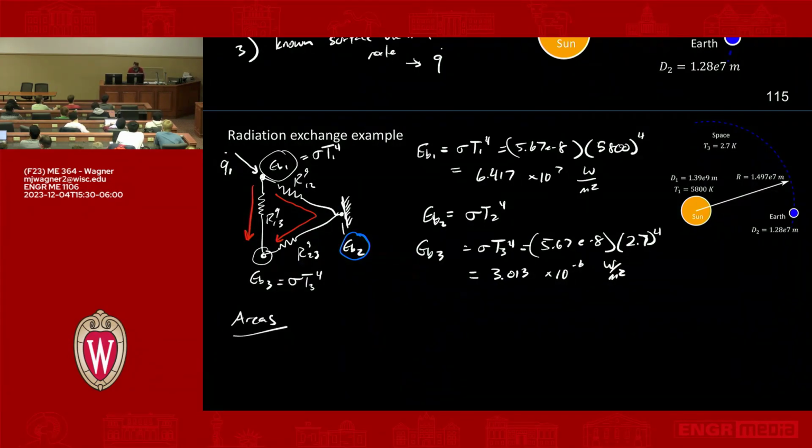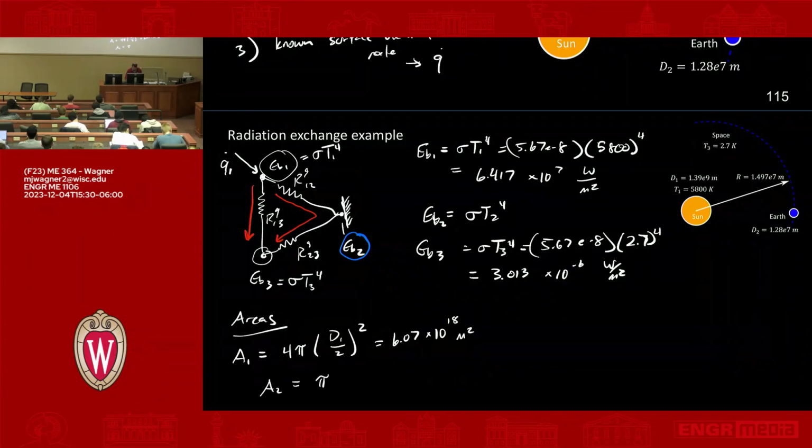These are pretty straightforward. We need the area of the sun, A1. That is, let's see, 4 times pi times the radius, which is d1 over 2 squared. Right, that's the surface area of a sphere. This is 6.07 times 10 to the 18th meters squared. And then A2, area of the Earth, that is pi times d3 squared, right, the 4's cancel out.